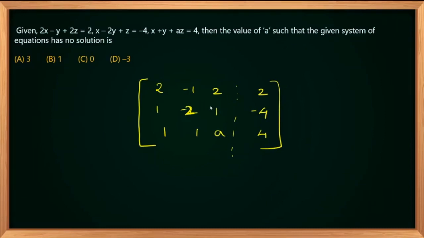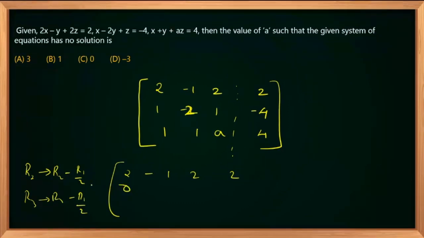Okay, let me work it out. So R2 changes to R2 minus R1 by 2, and R3 changes to R3 minus R1 by 2. That is the first thing you need to do. 2 to 0. This minus is okay. That is minus 3 by 2 then. This is 0.